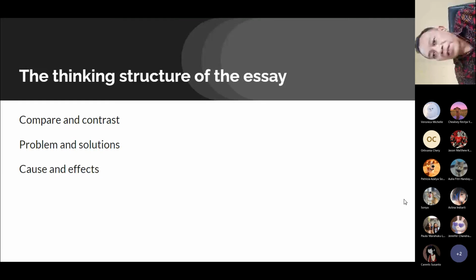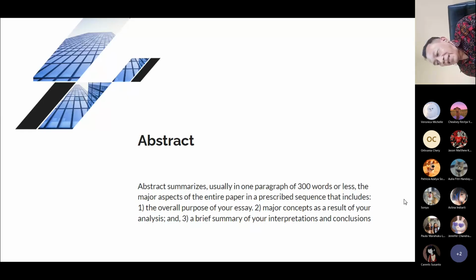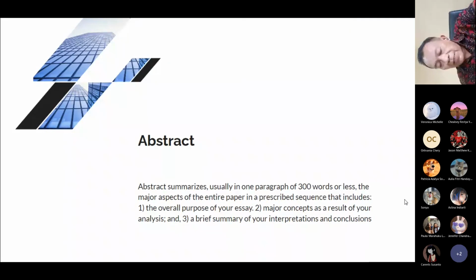Let me move on to the next, which is called abstract here. Students, actually, you can write the abstract when you are done with your essay. So an abstract is actually paragraphs, 150 to 250 words, that provide your readers with a quick overview of your essay and its organization.